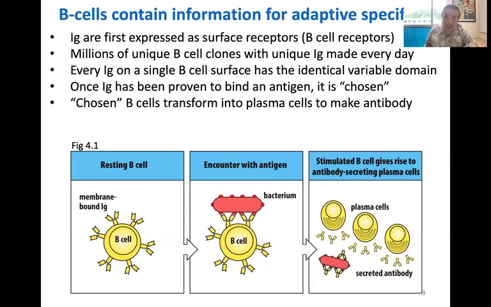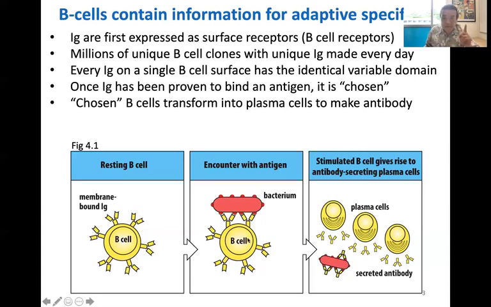That all changes, though, if the immunoglobulin on this B cell successfully binds to something, in this case the antigen on the surface of this bacteria. Then that B cell suddenly is pretty valuable, because its unique immunoglobulin has just proven itself to be very useful.